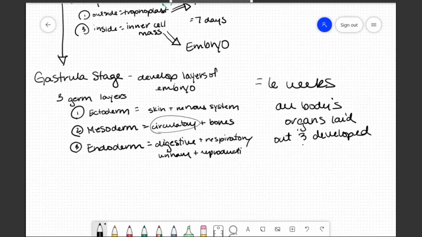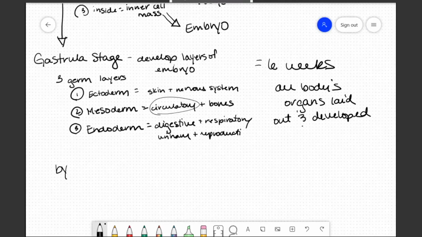At that point, as the development is going to continue and the growth is going to continue, by week 9, it is no longer called an embryo, but it is now going to be referred to as a fetus.